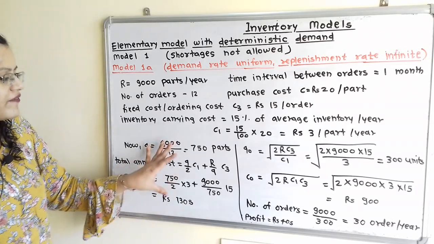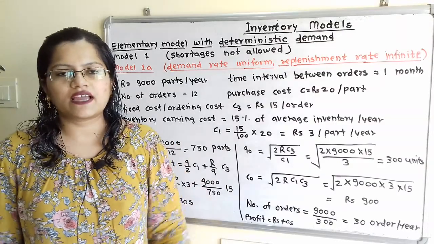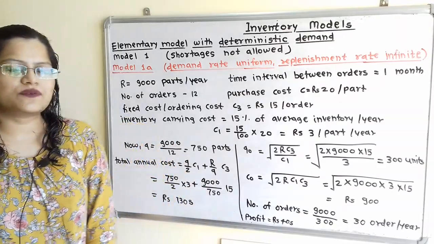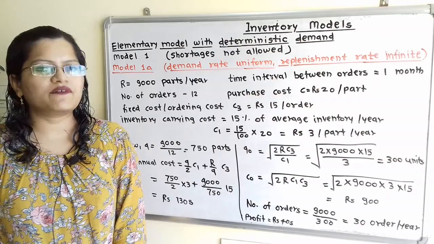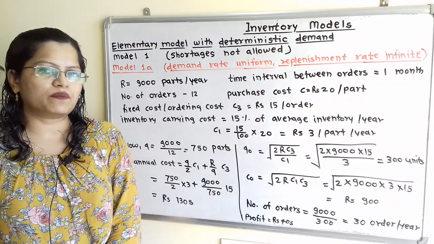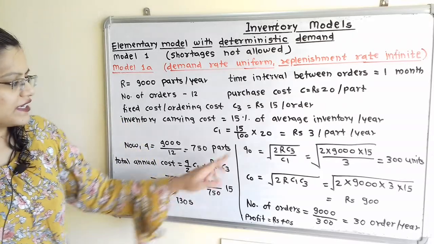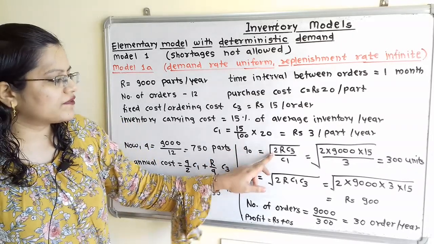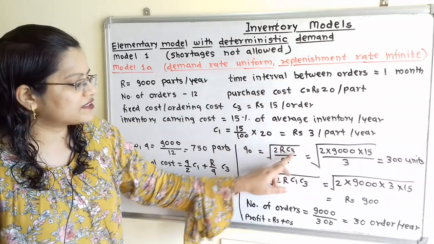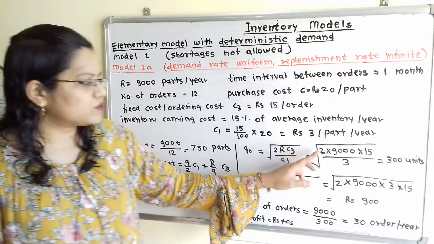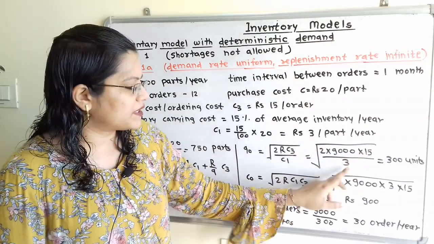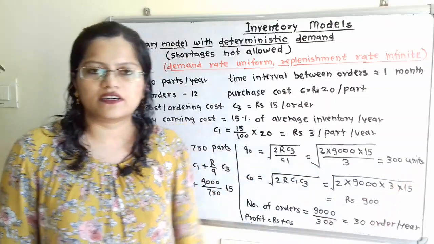Now we will suggest that we can take the optimal lot size, and we will calculate the optimal cost. So how to calculate the optimal lot size? That is Q0, which is equal to the square root of 2 R C3 by C1. That is 2 into 9000 into 15 by 3, which is equal to 300 units.